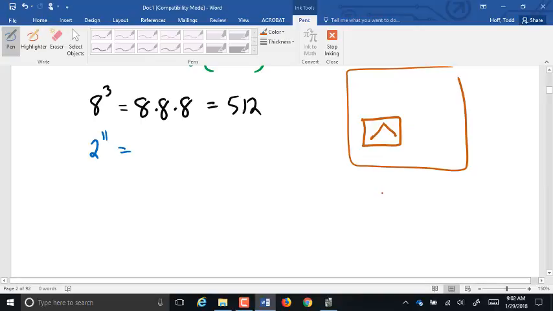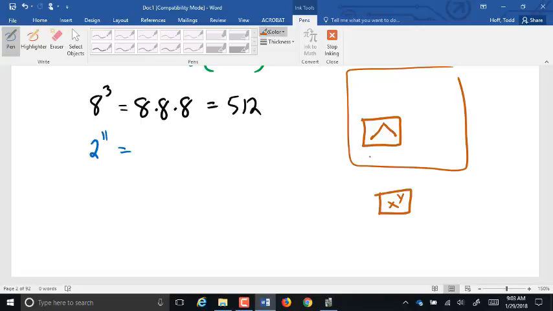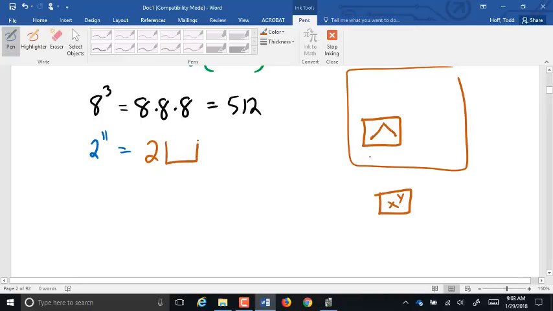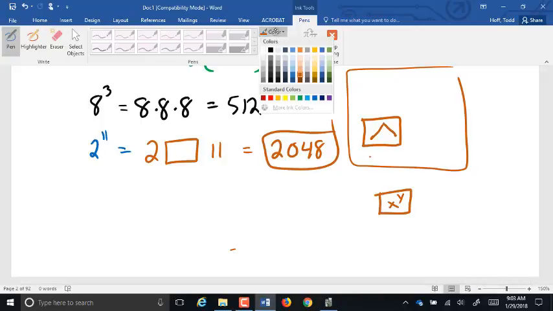On some of your other calculators, it might be an X to the Y key or a Y to the X key. And the way that key works, to do 2 to the 11th, both of those keys work exactly the same. You type in the 2, press that key, then the 11, and hit equals. Hopefully it gives you the answer of 2048. Give it a shot, see if it works out.